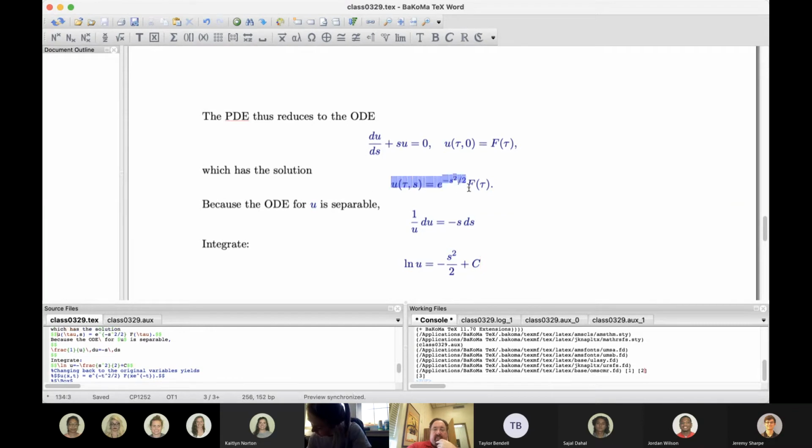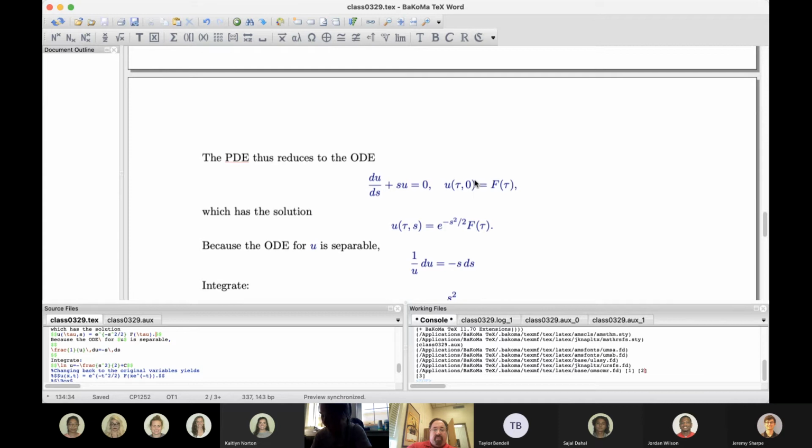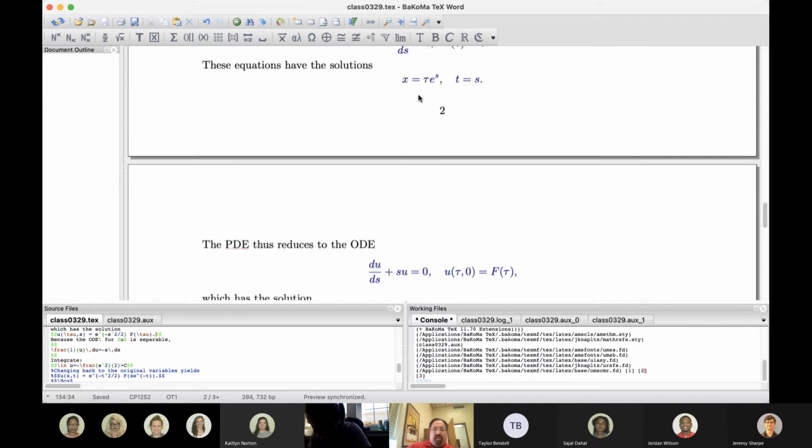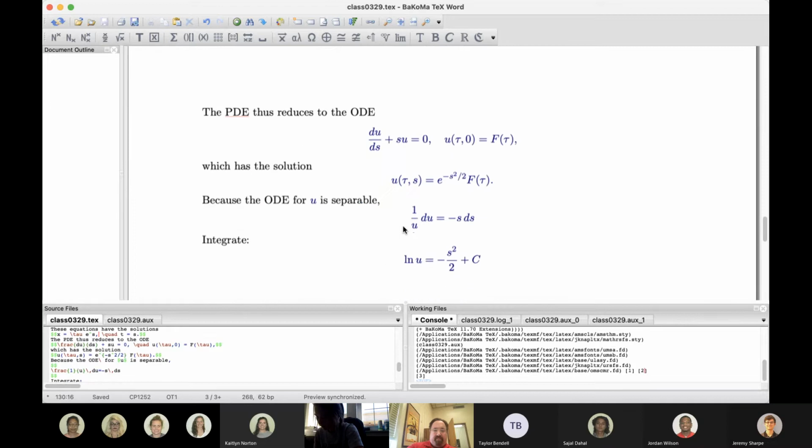So now we have our solution, but we still need to express s and tau in terms of x and t. Now s is t, so that part's easy. But then for tau, we need to solve this equation for tau. Well, tau is x e to the minus s, but s is t.